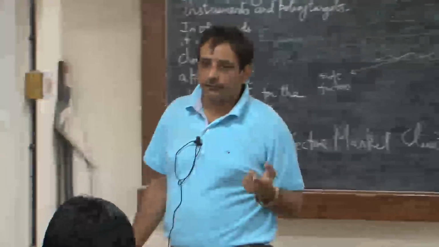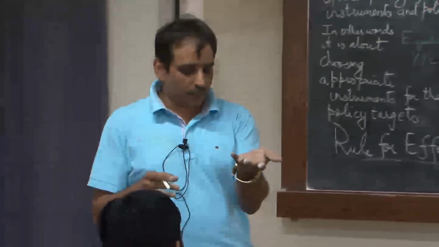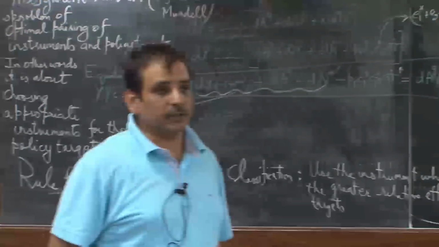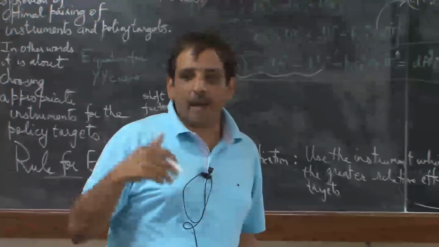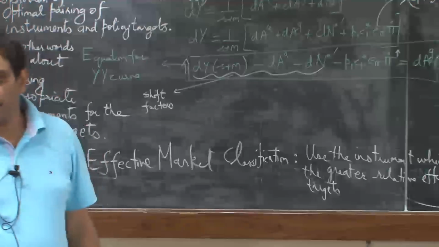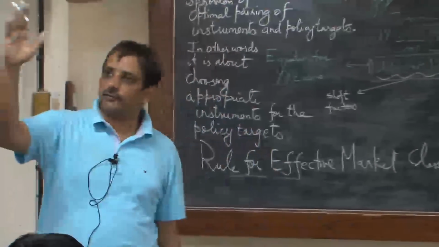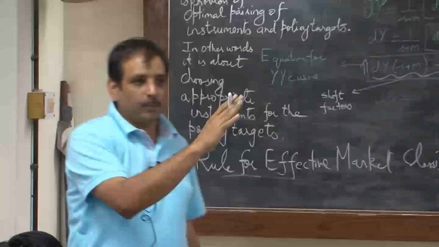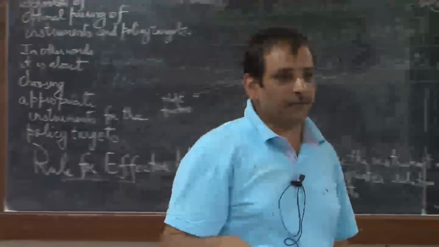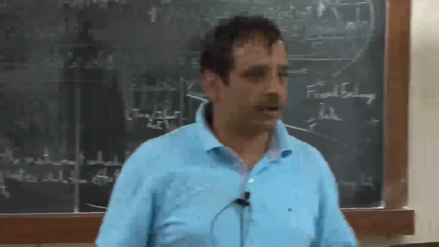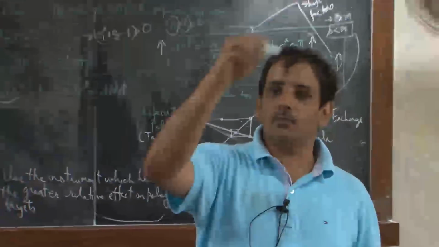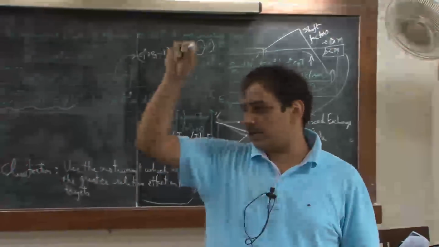Now think of a case where you have flexible exchange rates and there are, say, capital flows coming in. So then you would see a shift of the FF curve to the left, but you cannot move out of the FF curve because it's a flexible exchange rate. You cannot have a deficit or a surplus. So you would see a movement like this. You would only see changes in the exchange rates.